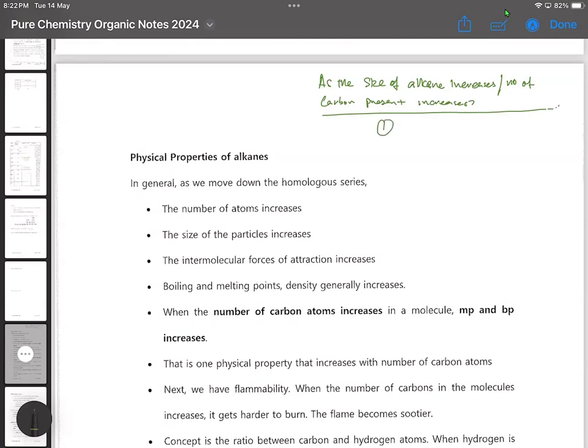Number one, as we mentioned just now, the larger the molecule, the melting and boiling point increases. Number two, something we call viscosity, increases.